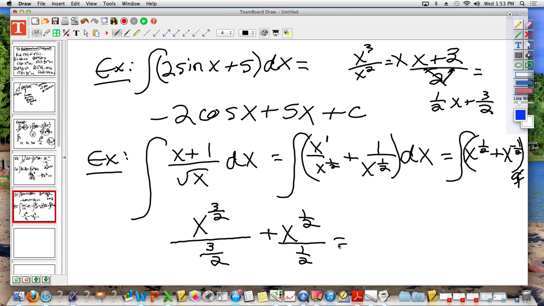What do I do with this divide by 3 over 2? Multiply by the reciprocal. So that is equal to 2/3 x to the 3/2 power plus, what do I do with this? Reciprocal. The reciprocal is 2 over 1, which is 2 x to the 1/2 power.